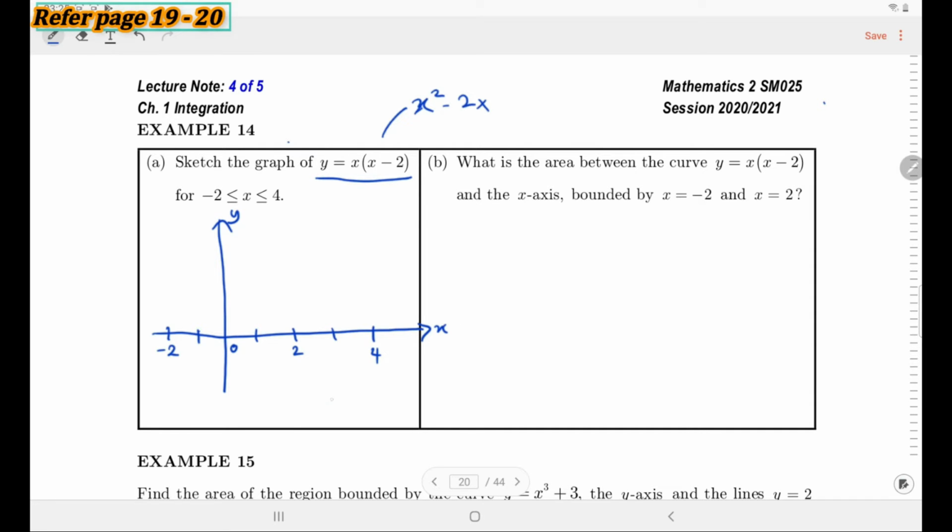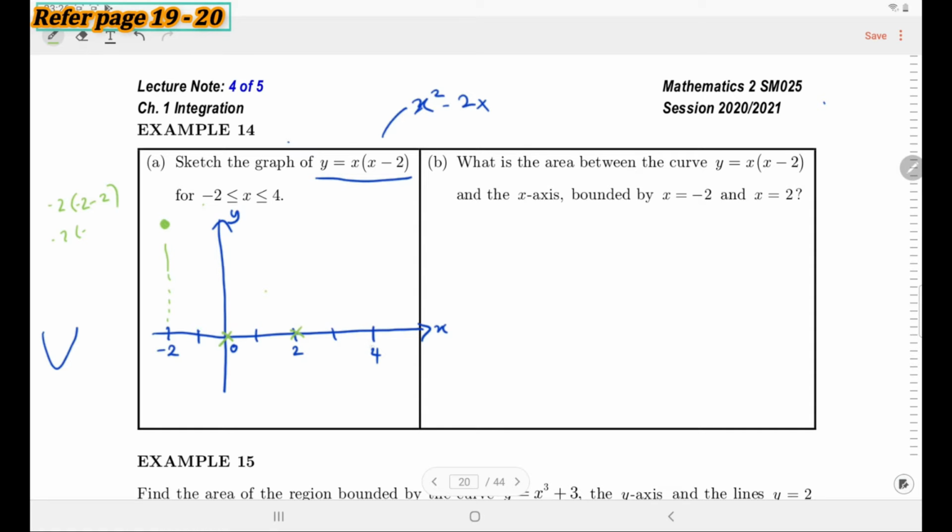This graph looks like a smile, and the roots are at x equals 0 and x equals 2, which are the x-intercepts. If you are not sure what the graph looks like, you could plot points. When x equals negative 2, negative 2 times negative 4 is 8, so about there.